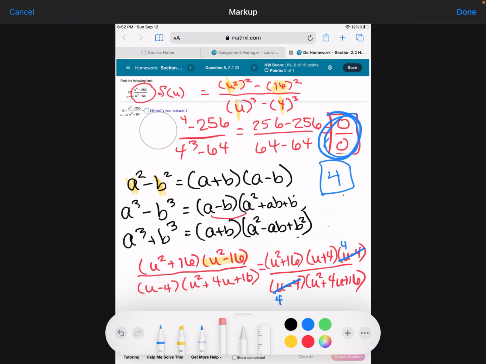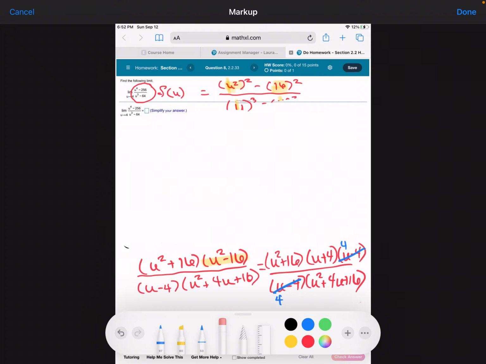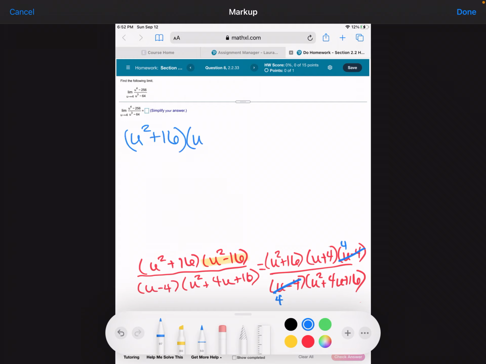If there's just a hole in an otherwise nice continuous function, then it must have a limit, and we can figure out the limit by plugging back in again. So what we have right now is u squared plus 16 and u plus 4. In our denominator, we have u squared plus 4u plus 16.